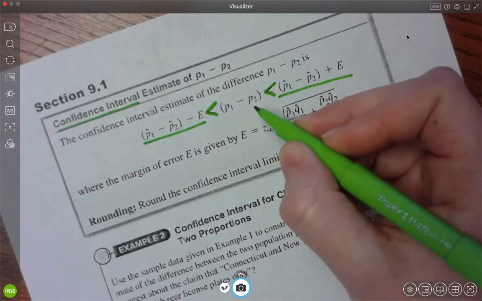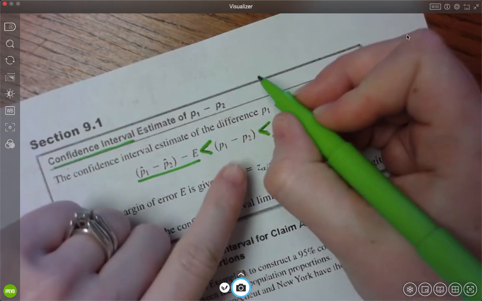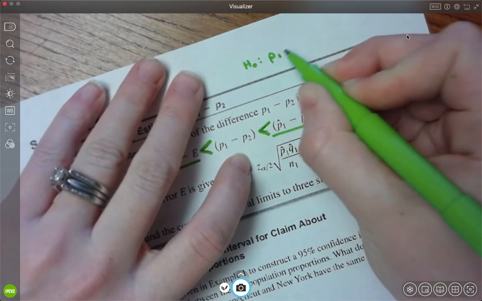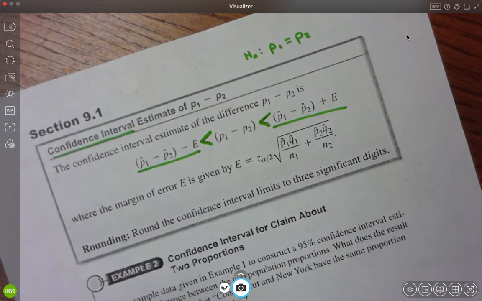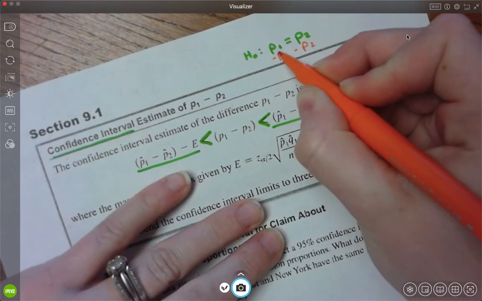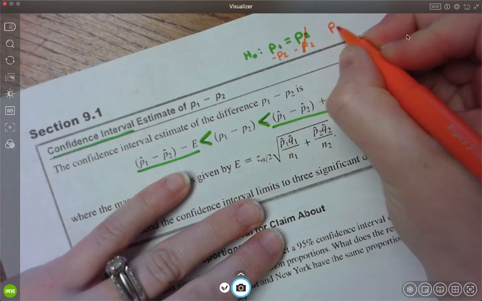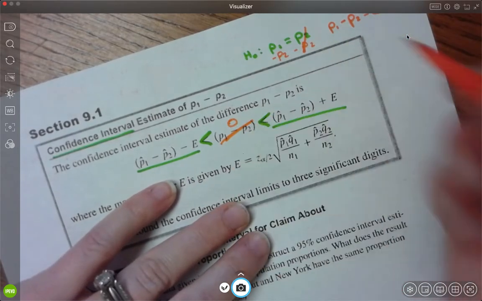And going back to hypothesis testing, we're usually saying for our null hypothesis that P1 is equal to P2. If I subtract P2 over to be with the P1, P1 minus P2 will be equal to 0. So this number here in the middle we're comparing to 0, okay?